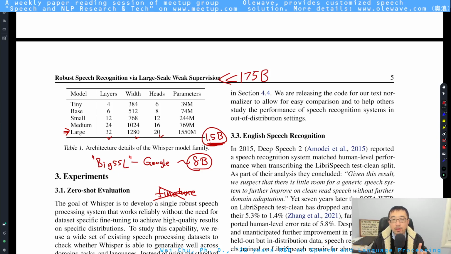Every second of speech has 100 frames of data, but for NLP, each utterance mostly just has thousands of tokens. But for speech, you can definitely have thousands or dozens of thousands of tokens. Definitely, this is not the largest model up to now, because about 2.5 years ago, Google trained a big SSL. The largest model that Google had was 8 billion parameters.